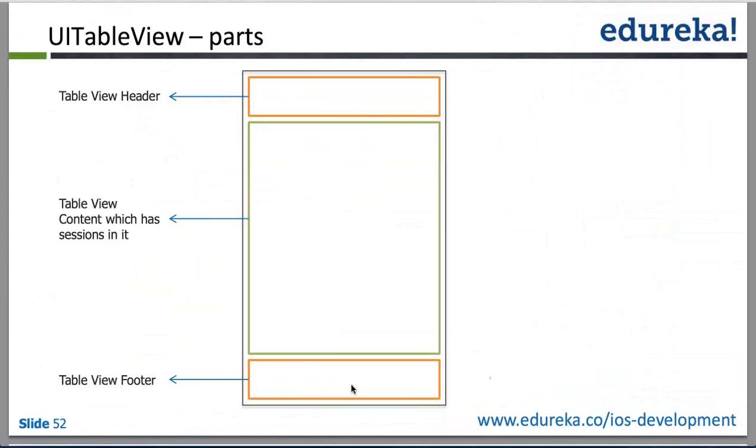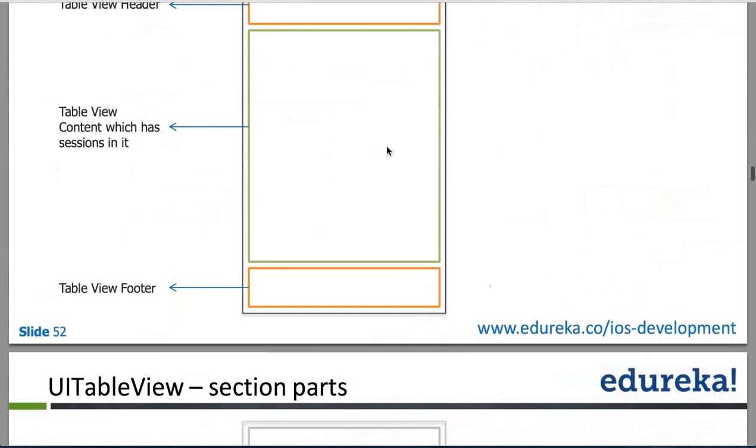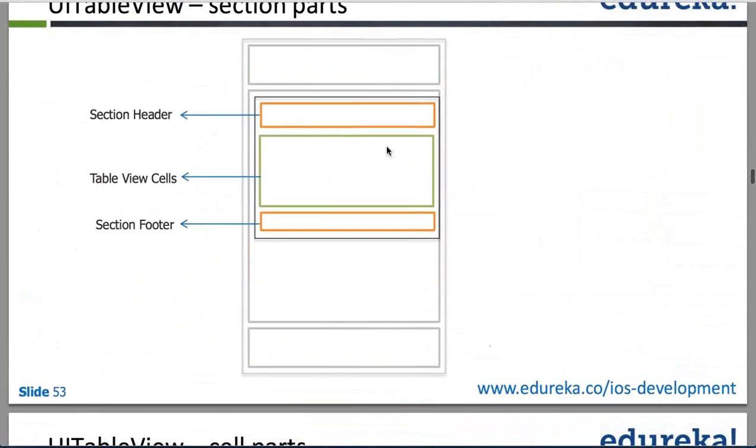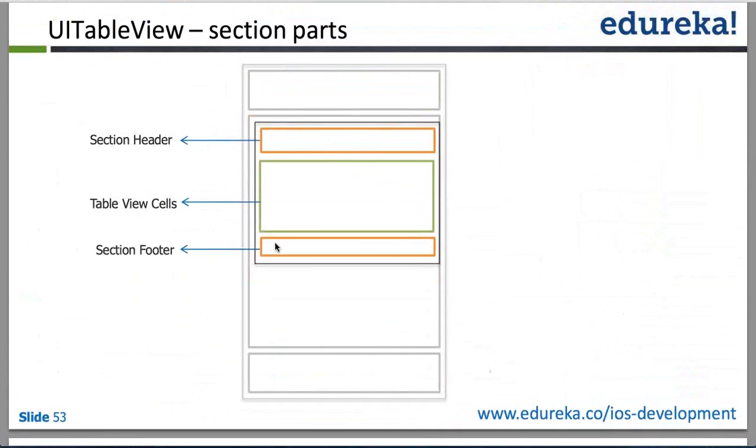If you want to have a title for the whole table, you can have a header. The content mainly consists of sections. These sections will again have a section header, cells inside it, and a section footer. These sections will be repeated inside the table view. You can mention how many sections you want and how many rows you want per section in your data source methods.